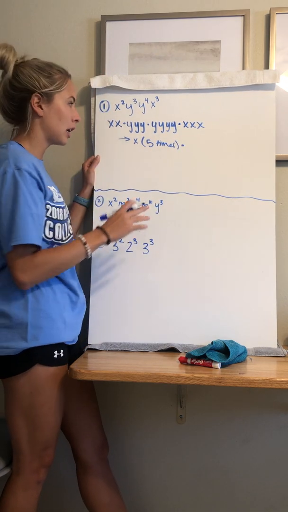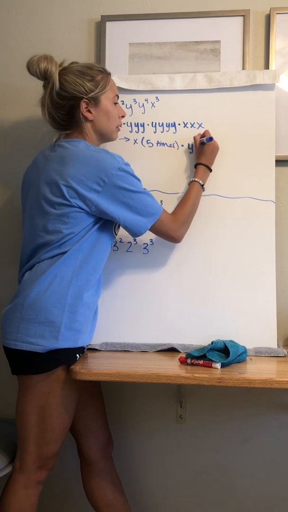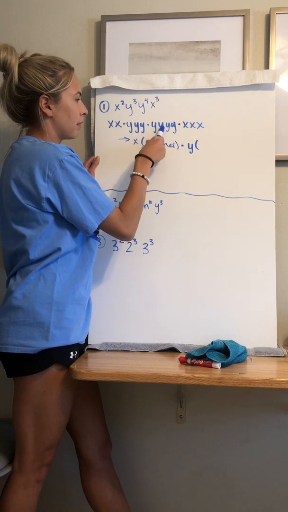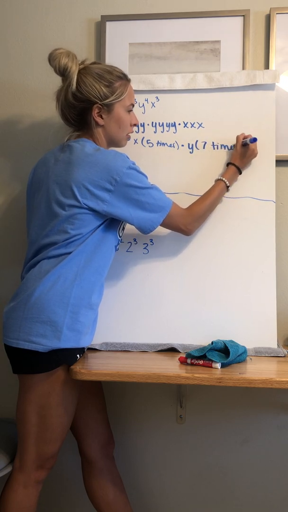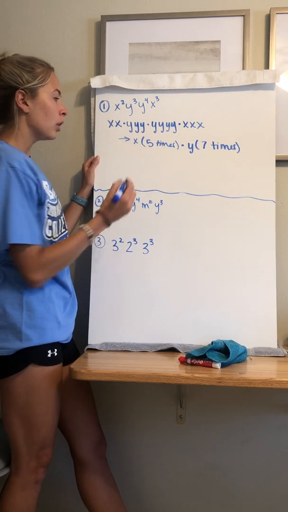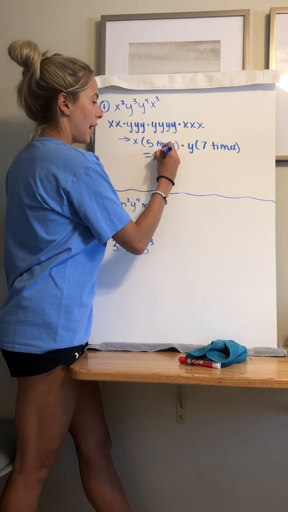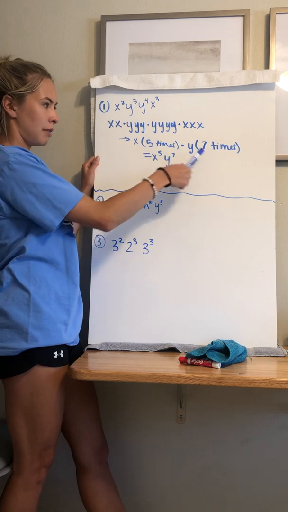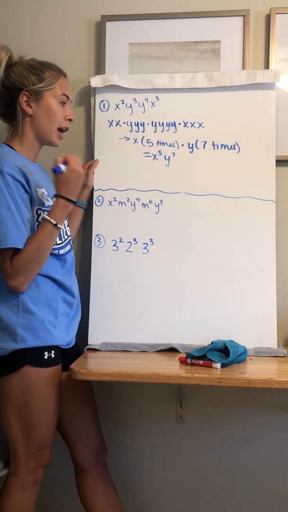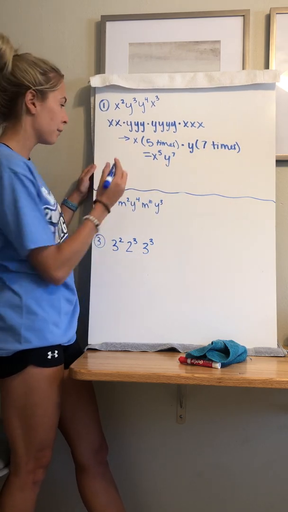Times, we're not adding anything, times y being multiplied together 1, 2, 3, 4, 5, 6, 7 times. So this will actually simplify to x to the 5th times y to the 7th, right? Because it's 5 times and 7 times, those become our exponents of our variables x and y.